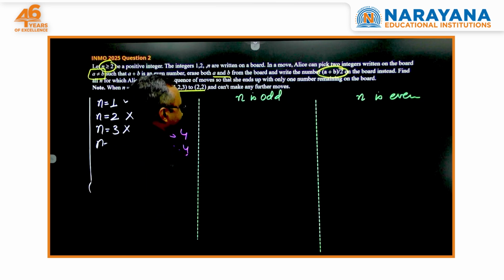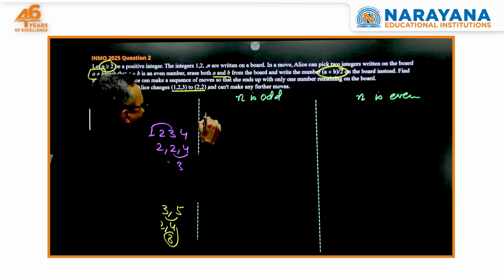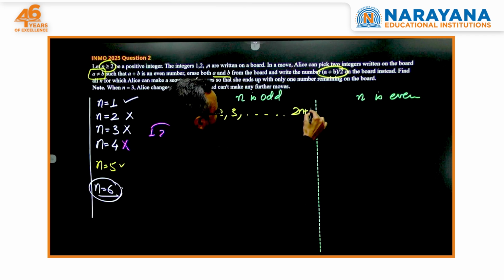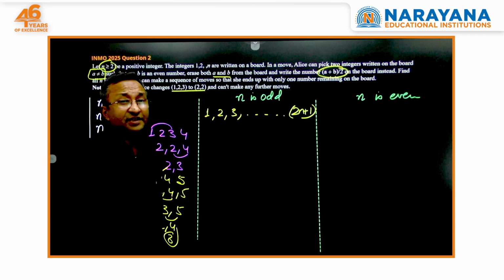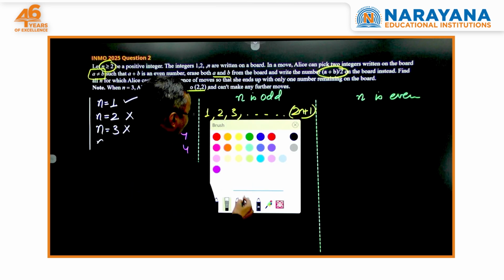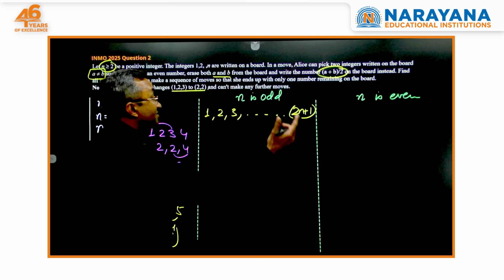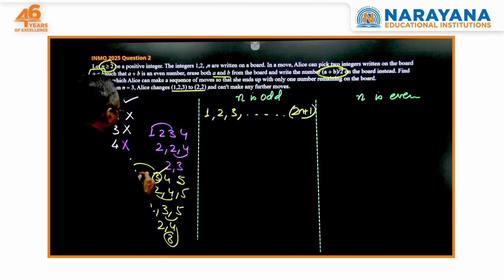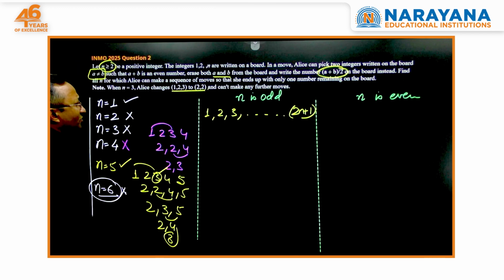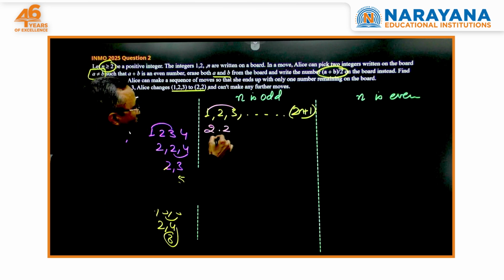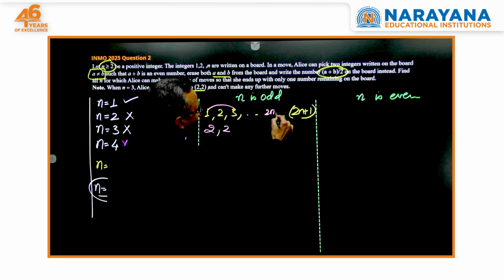Let's begin with n odd. We have 1, 2, 3, dot dot dot, 2n plus 1. Our objective is to reduce to one number, and there is no particular algorithmic thought process we can devise initially until we understand what is happening. So we start the way we tried in 5, and we can of course try 7 also. We start with 1 and 3 and make it 2, 2, and the last terms would be 2n minus 1, 2n, 2n plus 1.